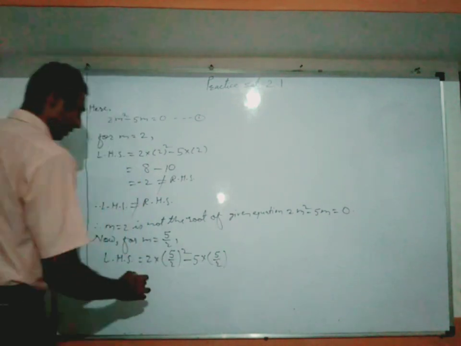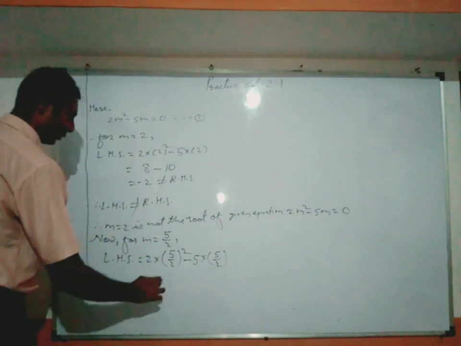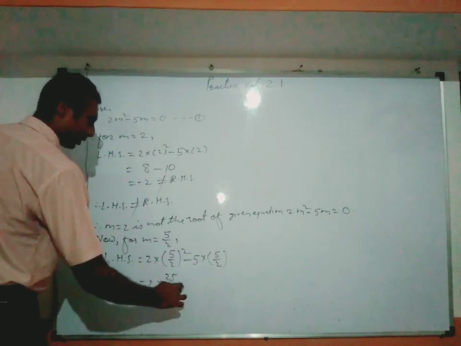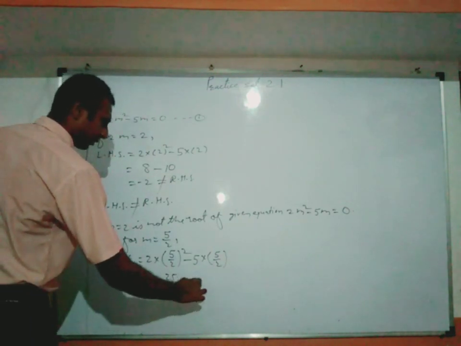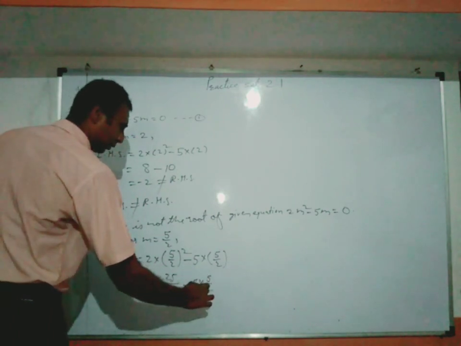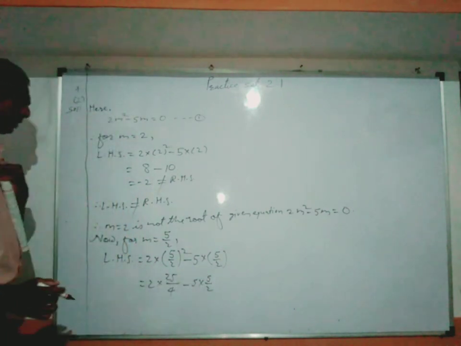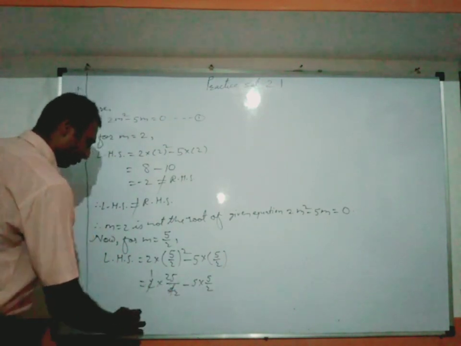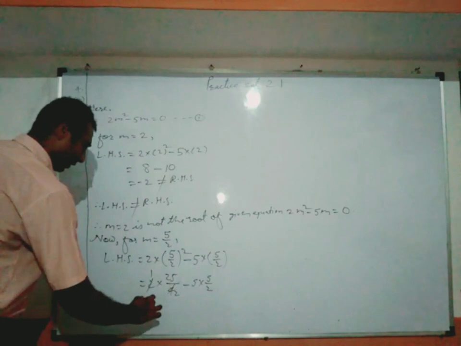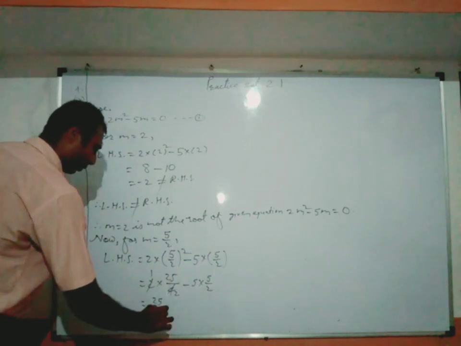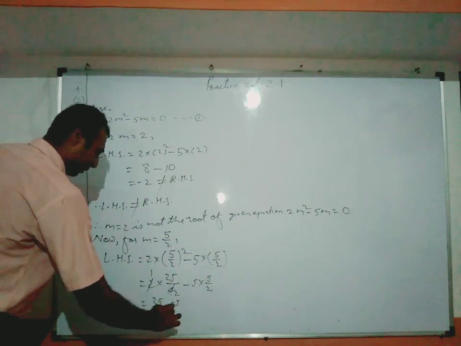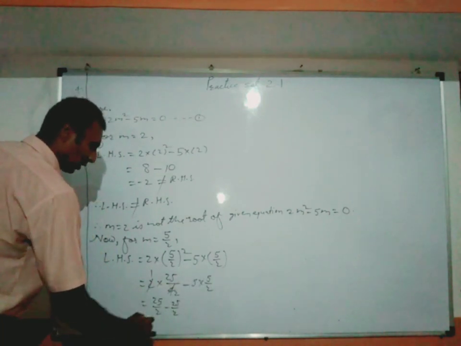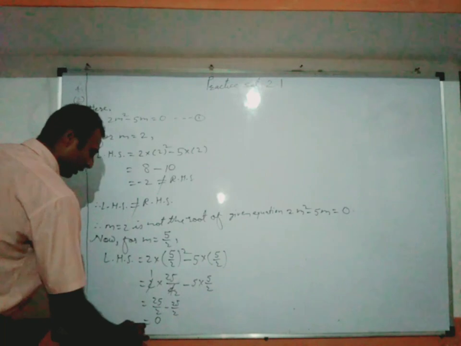In this case 2 into the square of 5 is 25, the square of 2 is 4, minus 5 into 5 by 2. Now 2 ones are 2, 2 twos are 4, which gives us 25 upon 2 minus 25 upon 2, because minus 5 into 5 gives us minus 25 upon 2, which is equal to 0.